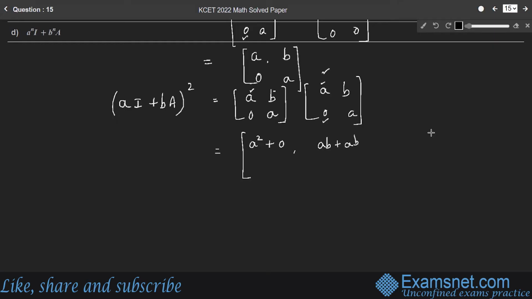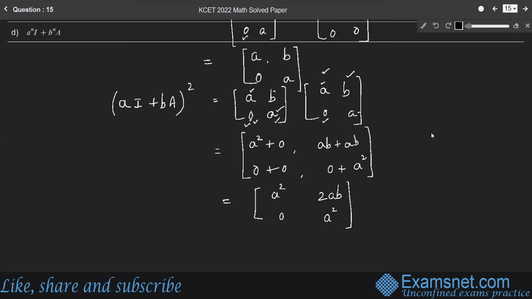In the second row, the first element becomes 0 into a, 0, plus a into 0, which is 0. The fourth element becomes 0 into b is 0 plus a into a, so a square. So you know the procedure to get the product of two matrices of the same order. So (aI plus bA) square is a square, 2ab, 0, and a square.